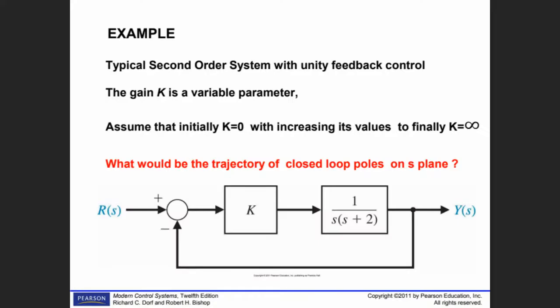If you draw the curve, you are going to obtain, of course, the transfer function is obvious here. s square plus 2s plus k is the characteristic equation. 1 plus GH is the transfer function, so s square plus 2s plus k is your characteristic equation.